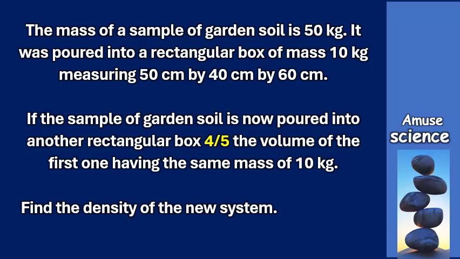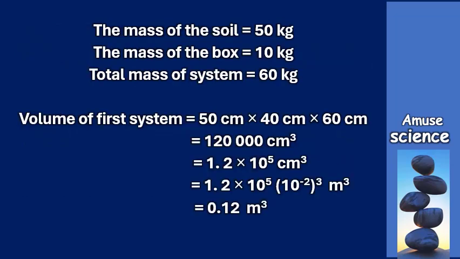We are going to have 50 centimeters multiplied by 40 centimeters multiplied by 60 centimeters, and that would give us 120,000 cubic centimeters. In standard form, we are going to get 1.2 times 10 exponent 5 cubic centimeters.